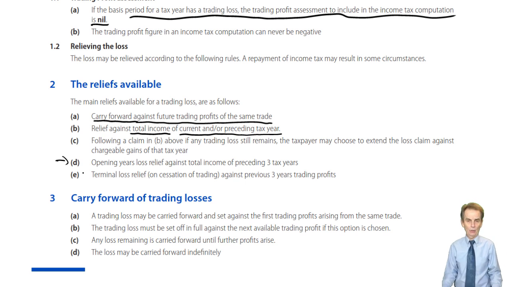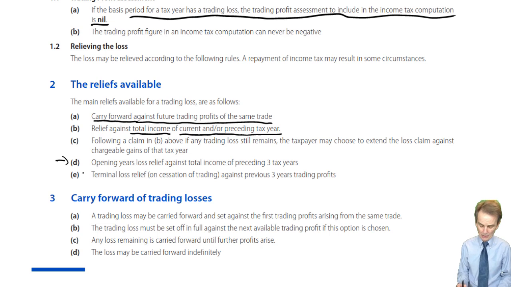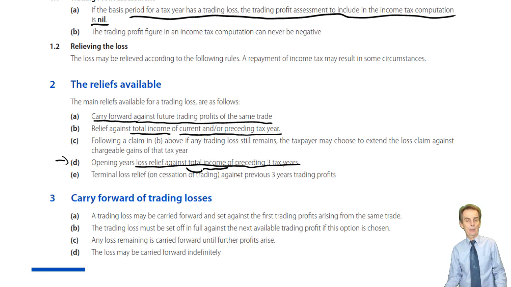But there are special rules, firstly in opening years, which allows our loss sustained to go against total income. Again, total income here, this time of the preceding 3 tax years. So rather than just a carry back of 1 year, if you make a loss in the opening years, we'll specifically define, of course, which years we mean by the opening years there. Then we get the capacity to carry it back even further.